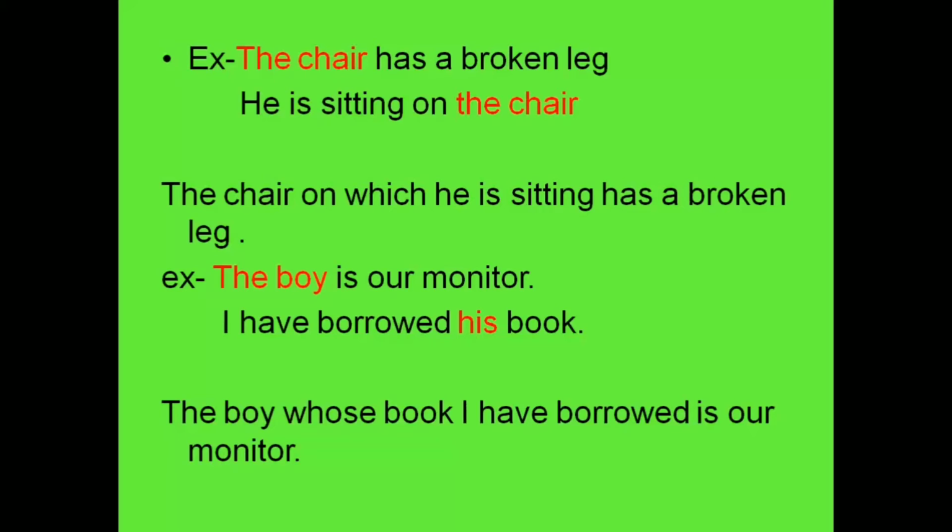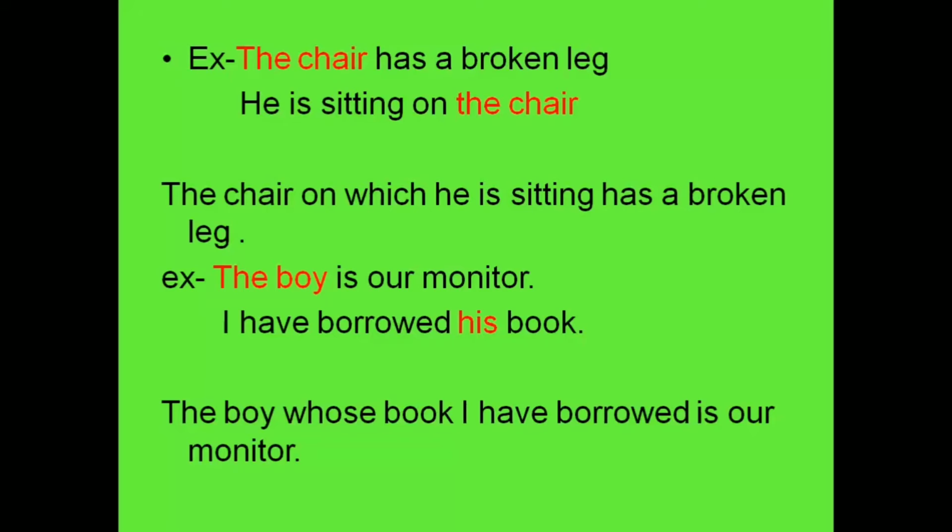This is also possible. Then let us take another example. The boy is our monitor. I have borrowed his book. In these two sentences, the identical noun phrase is the boy and his.